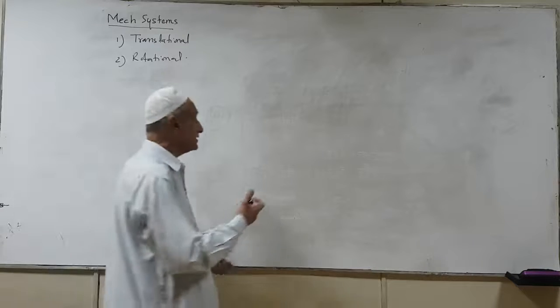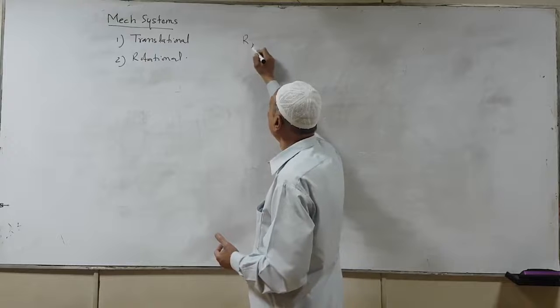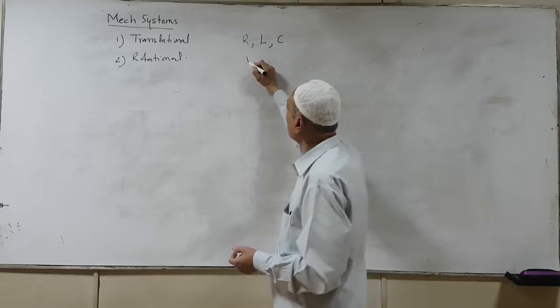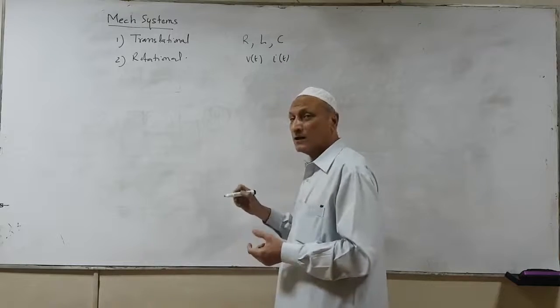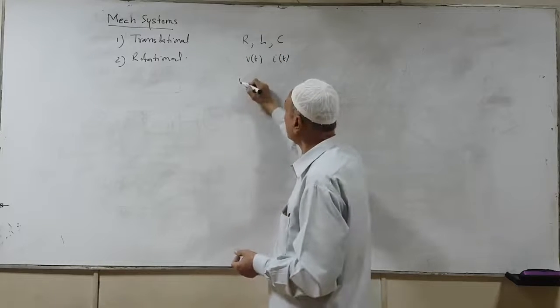Now, talking about electrical systems, we have three basic elements: R, L, and C. The sources can be either a voltage source or a current source. We can write the governing equations for these when we talk about the voltage.